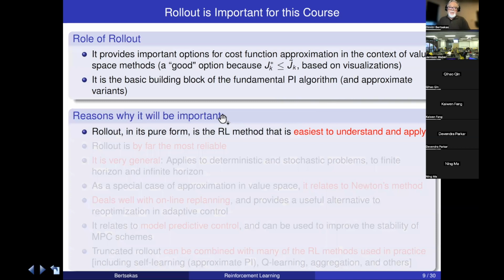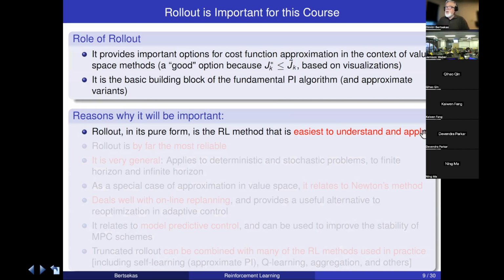Okay. So here are some of the nice things about rollout and why we will consider it as important. It is the easiest method to understand and to implement in reinforcement learning. It's very straightforward, easy to understand why it improves on the base policy, and also to implement it is very easy.